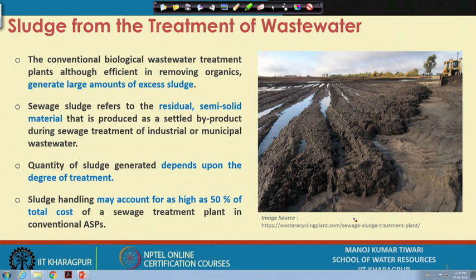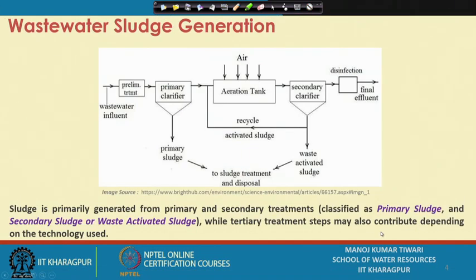The processes are relatively simple, but there is a large cost associated with the land, the transportation, and the handling of these processes. So, that is one of the major aspects of the treatment.